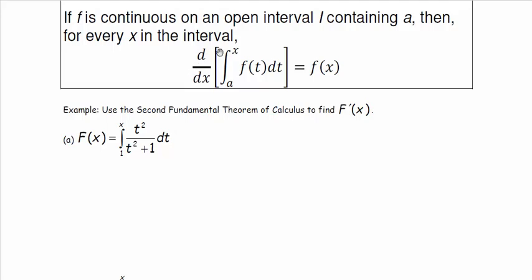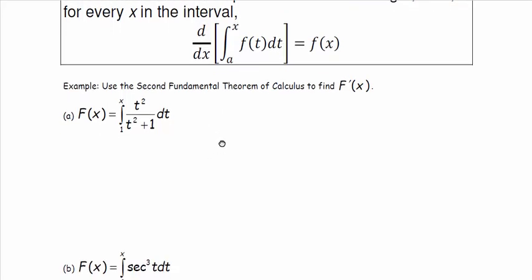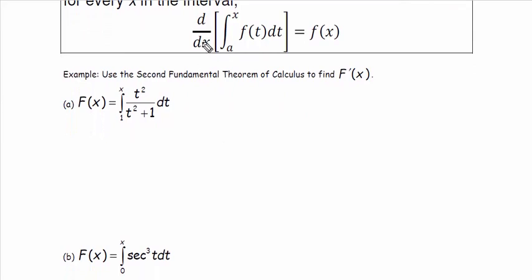If f is continuous on an open interval I containing a, then for every x in the interval, the derivative with respect to x of the integral from a to x of f of t dt is equal to f of x. So as long as this is a to x, the derivative of this is just substituting the x in right here for t.